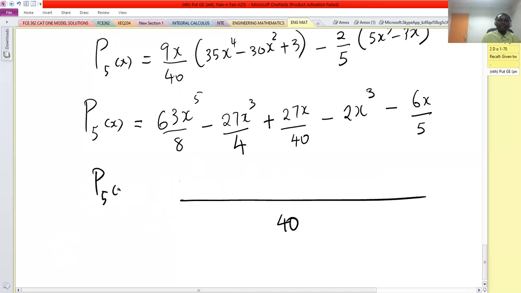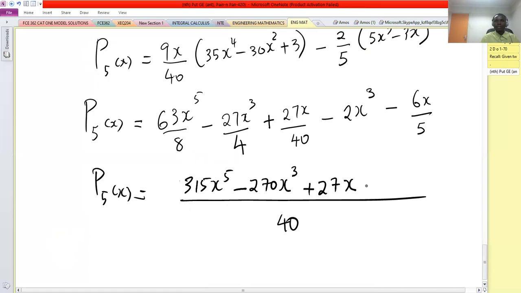So P5(x). So 5 by 63, I have 315x to the power 5 minus 270x to the power 3 plus 27x minus, so 40 times plus 80x to the power 3 minus 8 times, this is 48x.